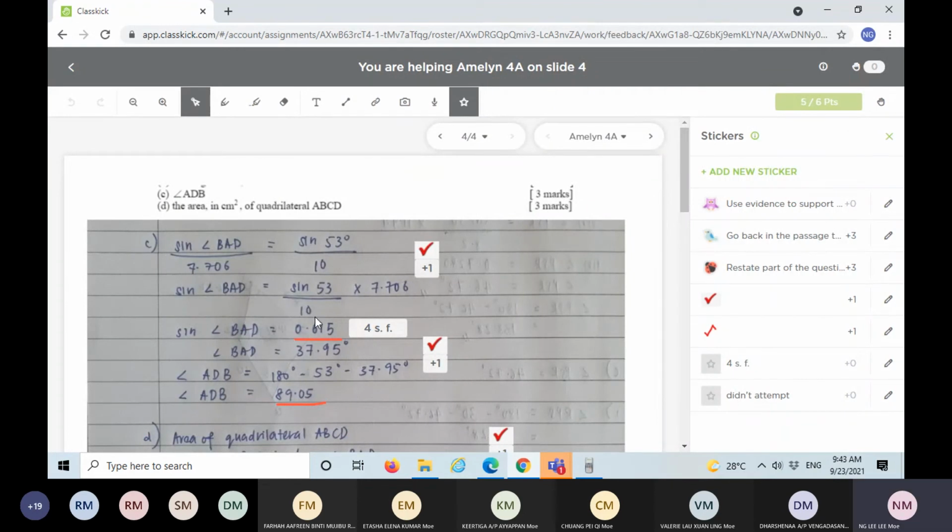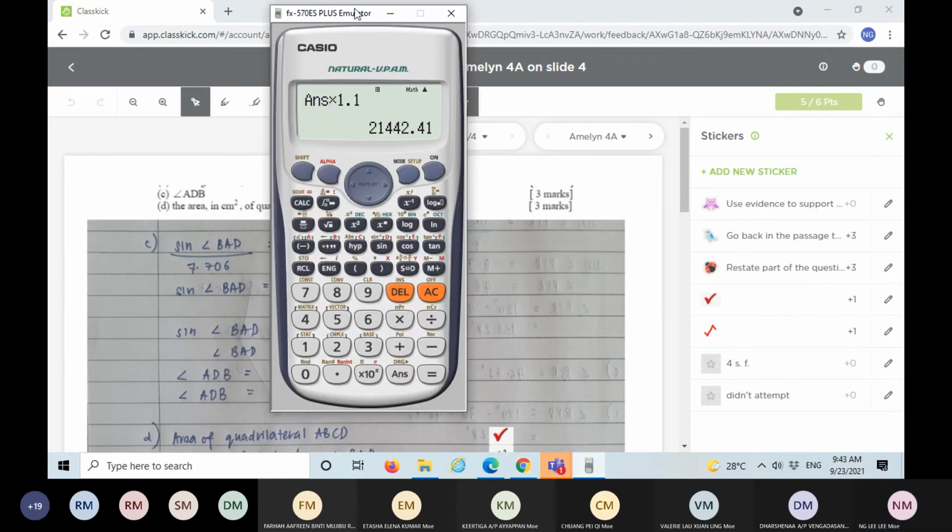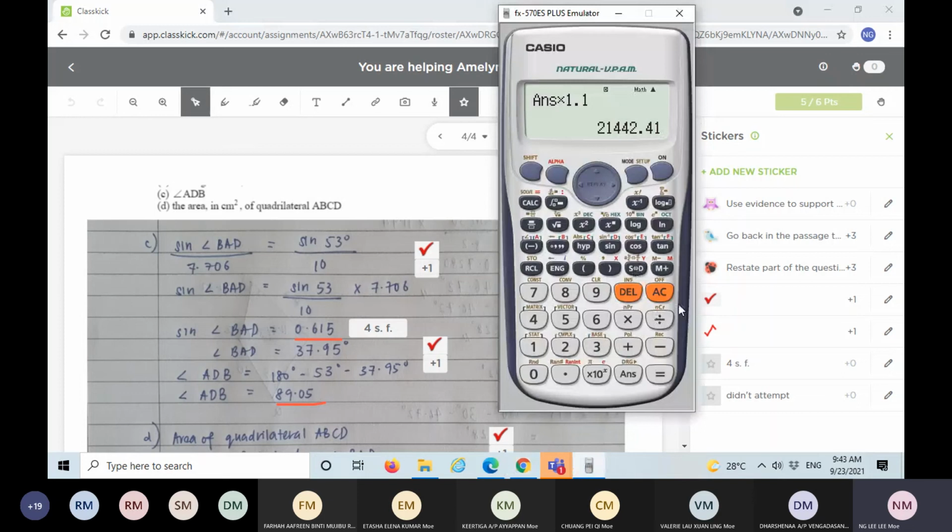Okay, you see this example. Actually, Emmeline Ray one is not a common example, but sayang. You see, okay, let us see. Sine 53. Okay, you get the answer, divide by the 10.